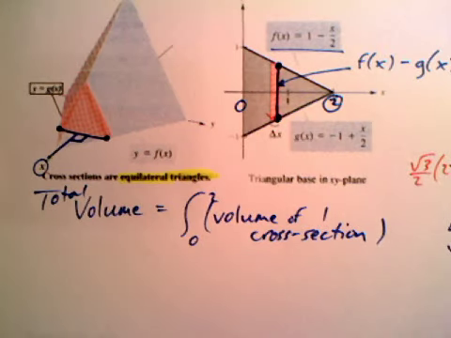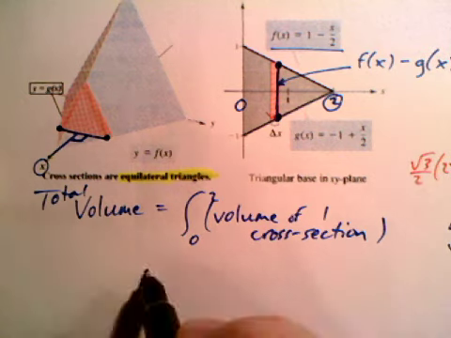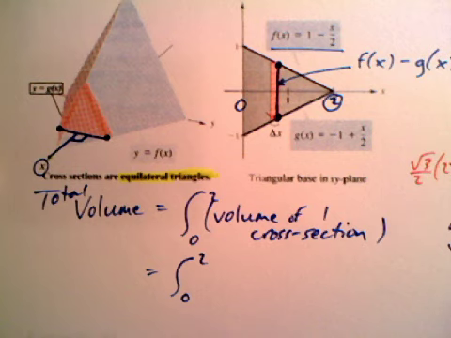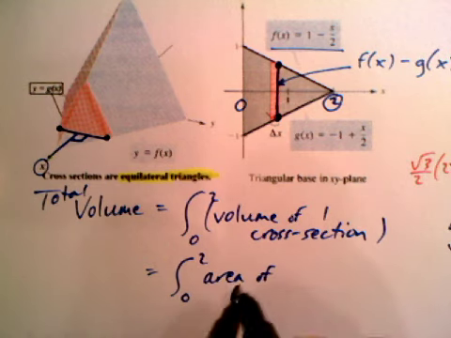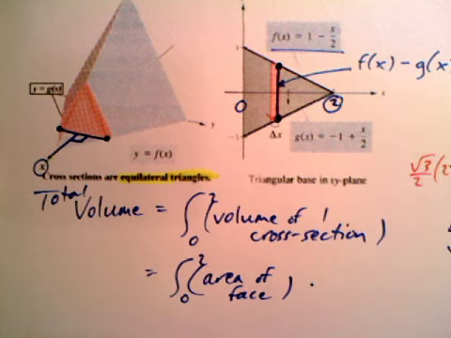Those things in this case happen to be cross-section volumes. And so we just found the volume of our cross section, which is an equilateral triangle face. So we have the area of the face, and we're going to multiply that by the width of the face.